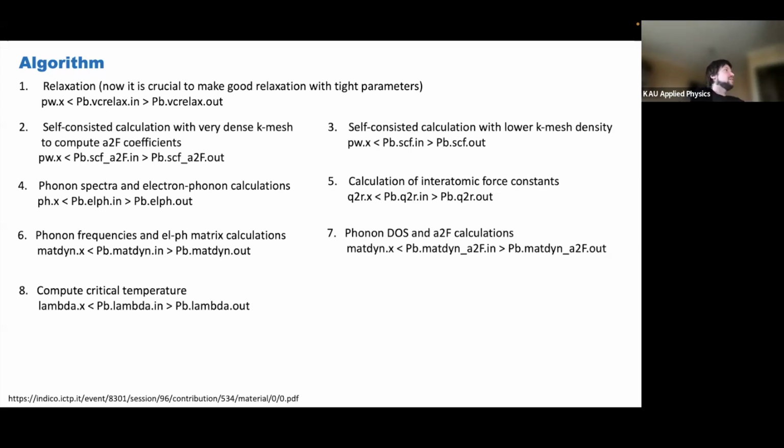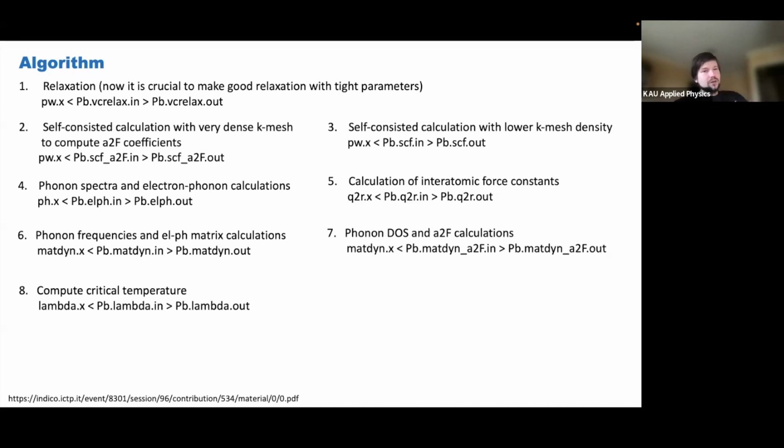As I understand, it was done this way because this is a rather new function, this electron-phonon, and it goes from maybe version 5 or 6 of Quantum Espresso, and it was added as some additional module to the program.